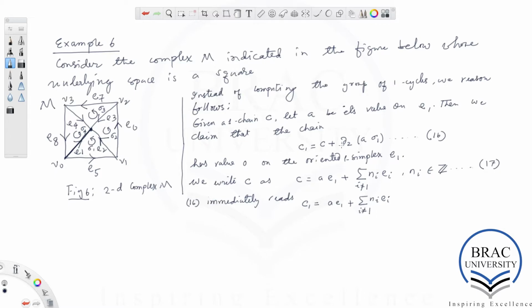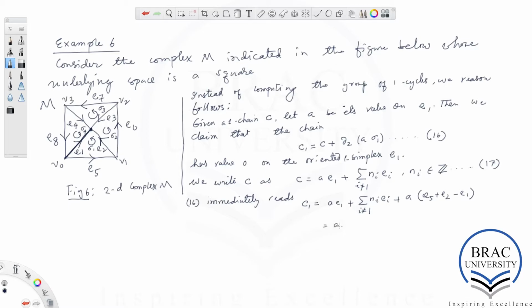And so when we compute the boundary of this two chain sigma 1, we get plus A times E5 plus E2 minus E1, right?